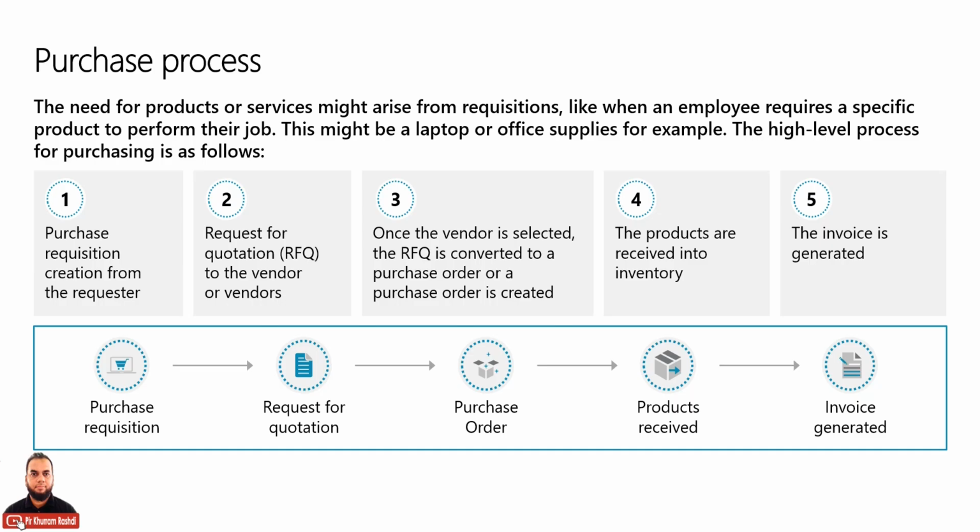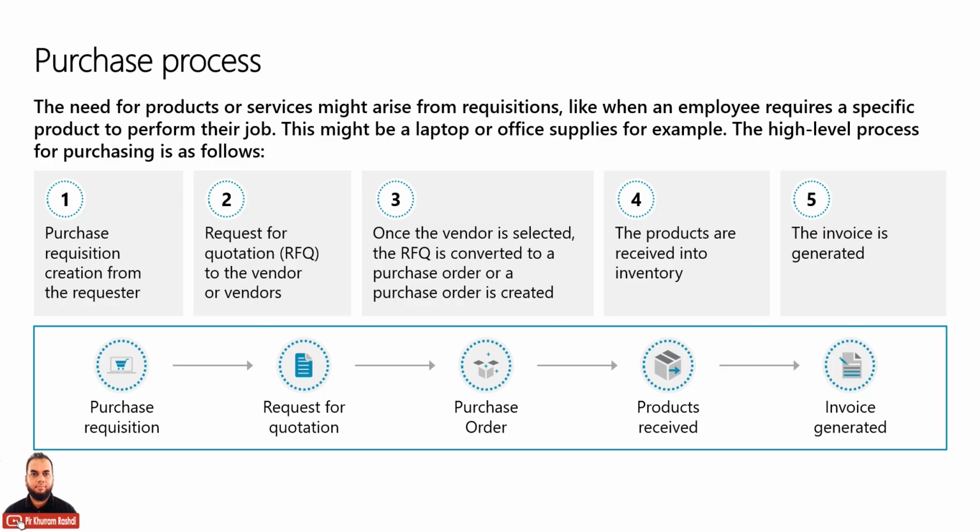And once the vendor is selected, the RFQ can be converted to a purchase order, or the purchase order can be created from RFQ directly. But in this case, we will cover the purchase order creation from PR itself. So once from PR the purchase order is generated, then the products can be received into the inventory, if it is a non-consumable item, that is a stockable item through its item model group.